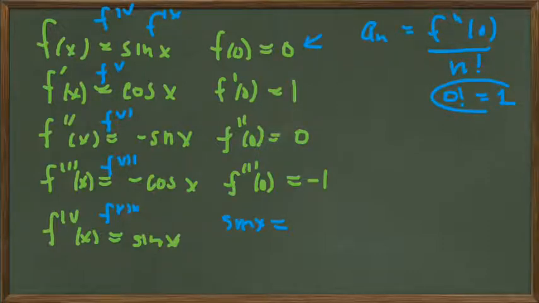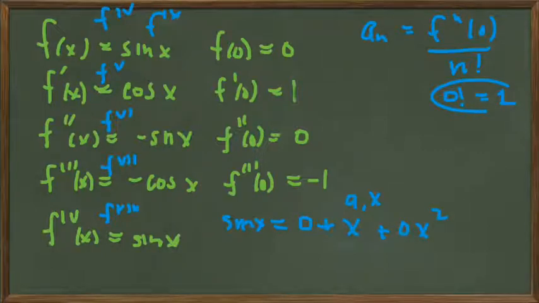So it's going to be 0, and then the next one is a1x. a1 is 1, right? And divided by 1 factorial, so that's just x. The next term is here in the numerator, which is 0 x squared.